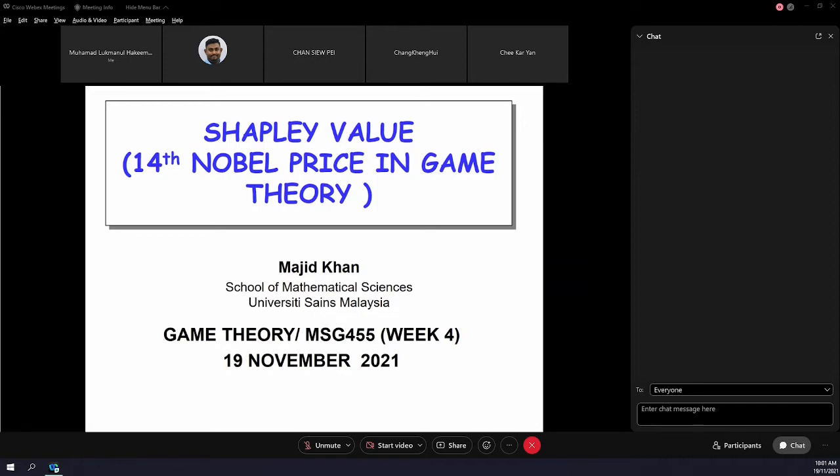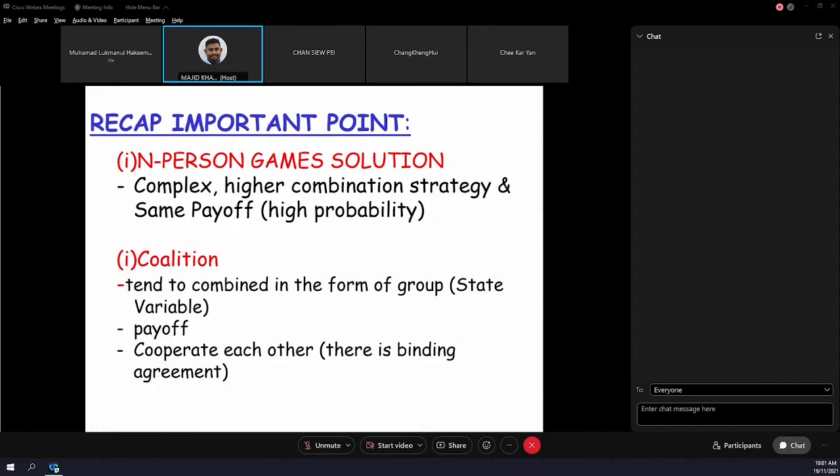Okay, so we need to recap an important point before we go through the Shapley value. If you still remember last week's lecture under n person's game, when you look at the n person solutions, it is a complex higher combination strategy, and usually they have the same payoff.